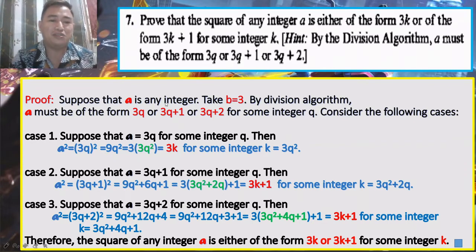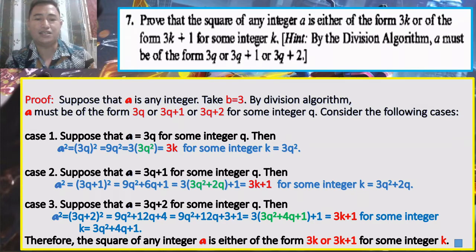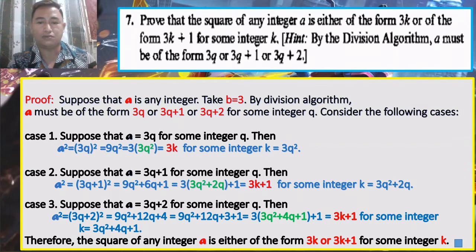Proof. Suppose that a is any integer. It can be positive, negative, or 0. Now take B equal to 3, as the hint suggests, so our B in the division algorithm is 3, and the forms are 3Q.